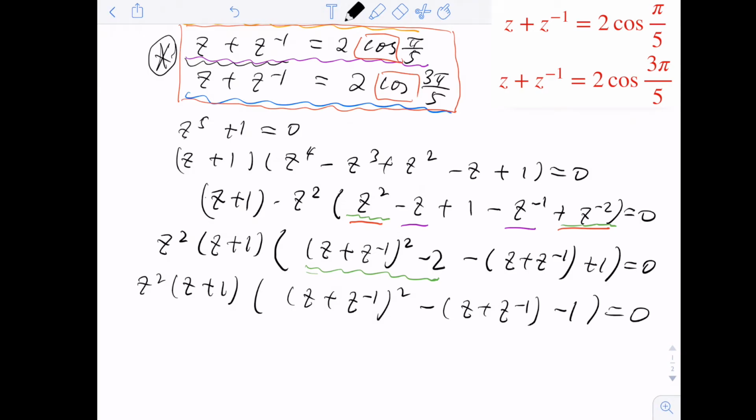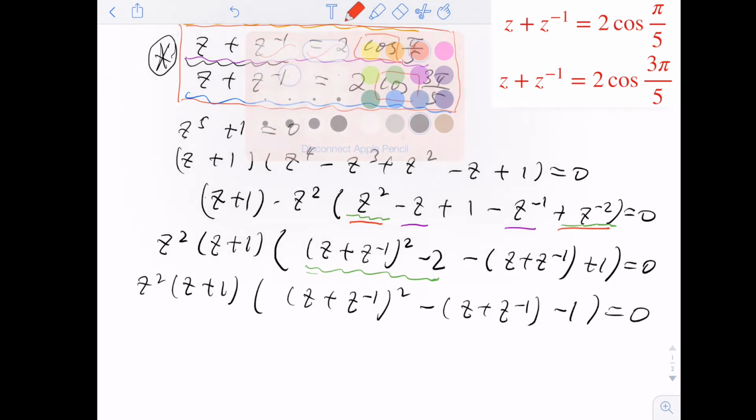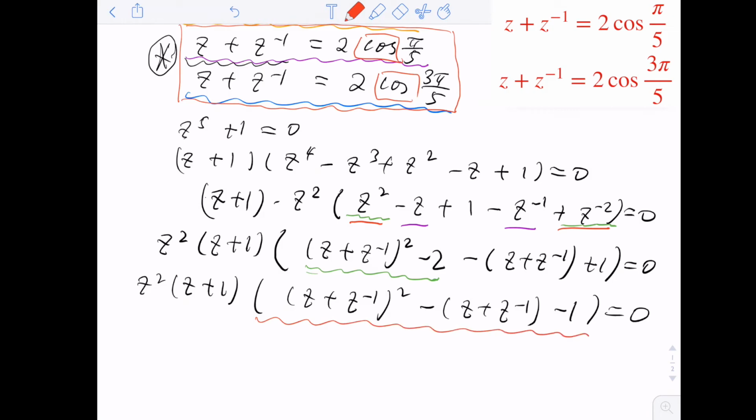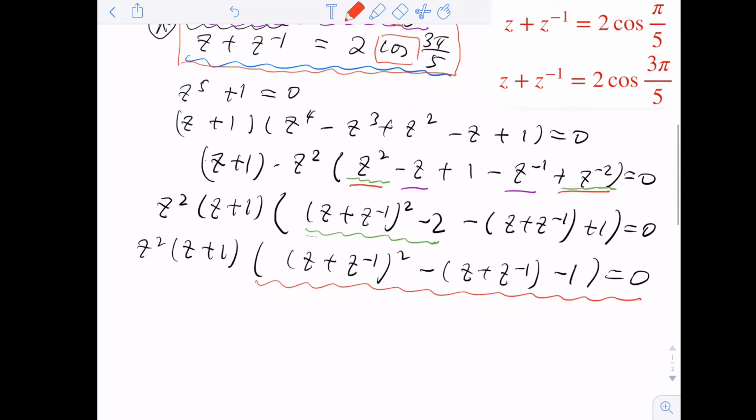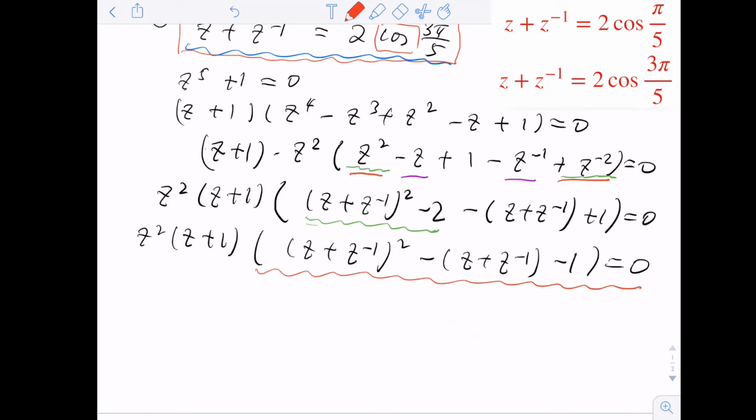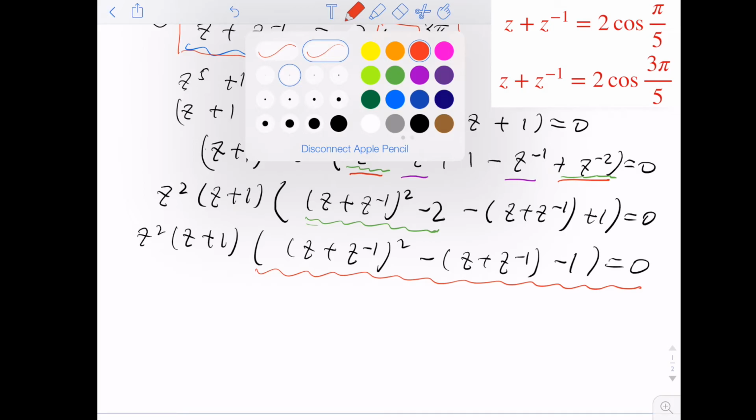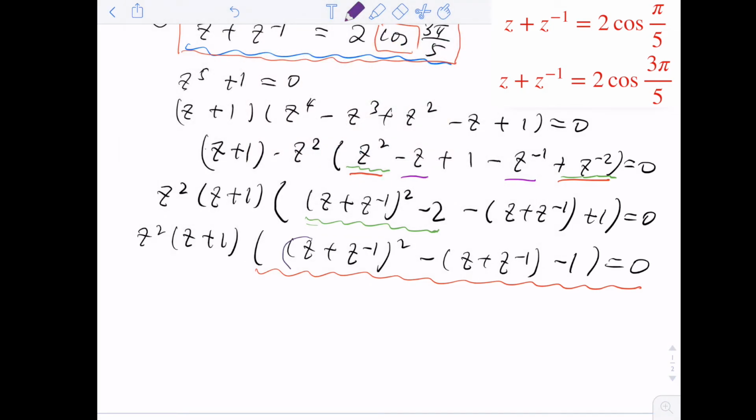So this is a very important equation I made here. This is a quadratic equation about z plus z to the negative 1. If I take z plus z to the negative 1 as a whole big term, like a big X, you can see I made a quadratic about that.